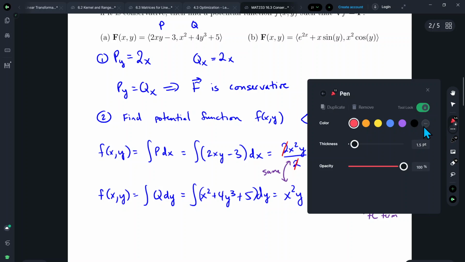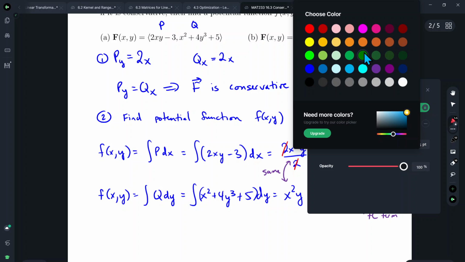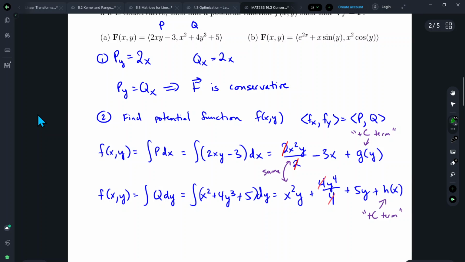So notice that this y to the 4th plus 5y only depends on y, and so the g of y should actually be this portion of the function here. And similarly, the minus 3x only depends on x, and so the h of x should be the minus 3x.